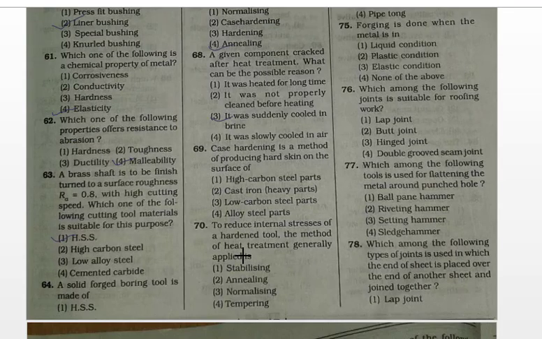Case hardening is a method of producing hard skin on the surface of low carbon steel parts. To reduce internal stress of a hardened tool, the method of heat treatment generally applied is tempering.